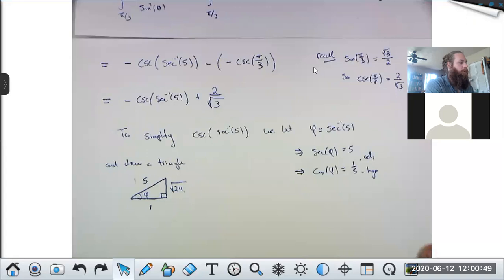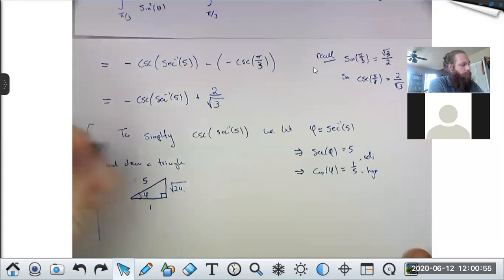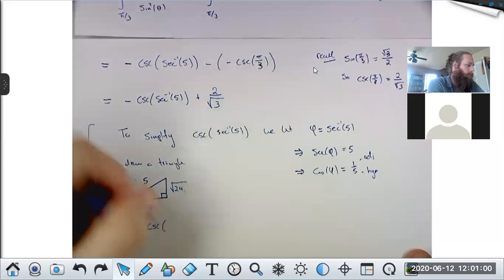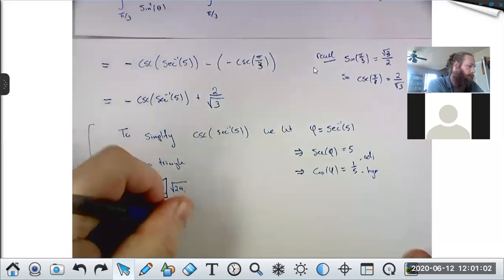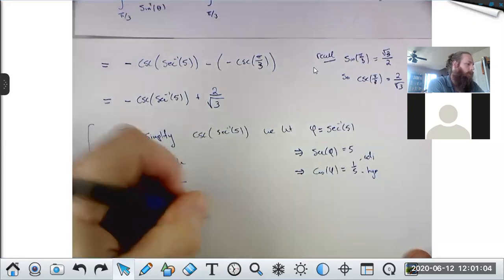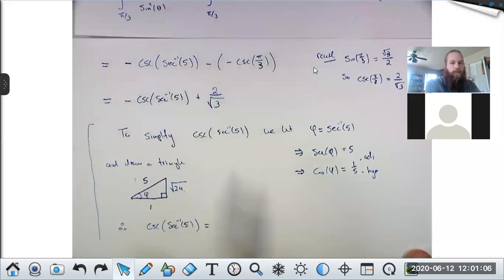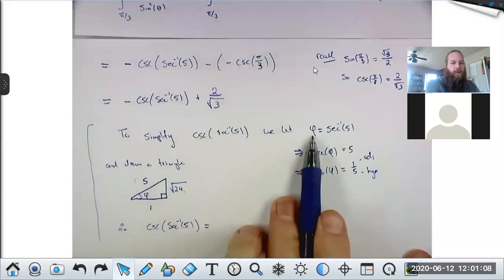And now remember what it is that I'm after. Cosecant of the inverse secant of 5. Well, this angle phi is the inverse secant of 5.